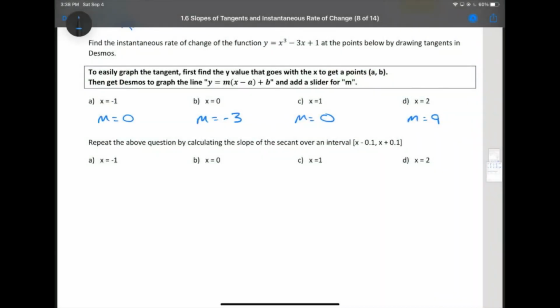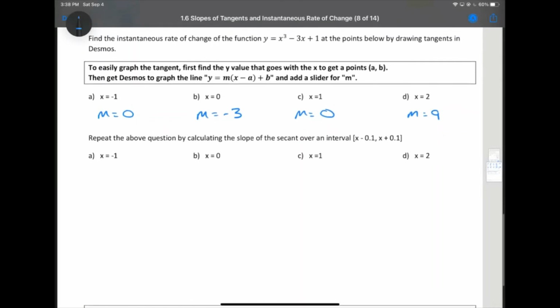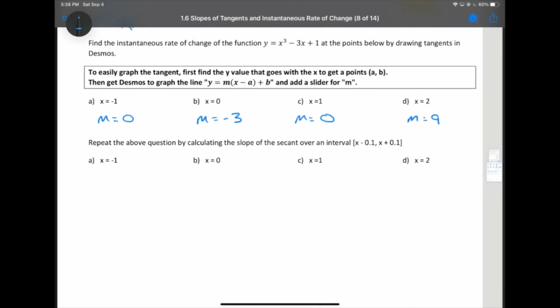Now for the part that no one's going to be crazy about. What we can do here is figure out what the slopes should be algebraically by plugging into the formula up here. Bring up my red for a second.